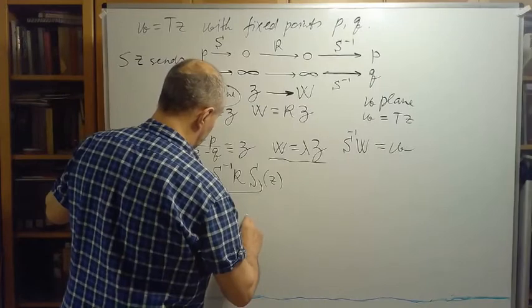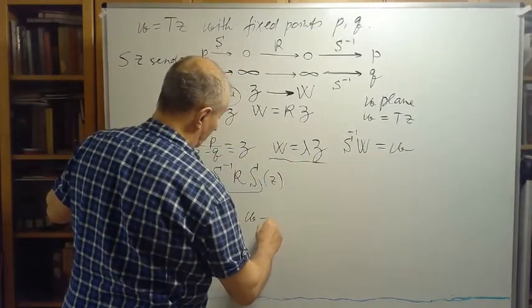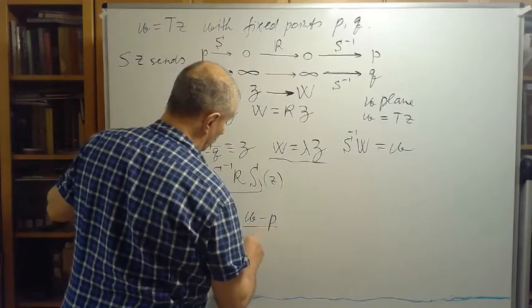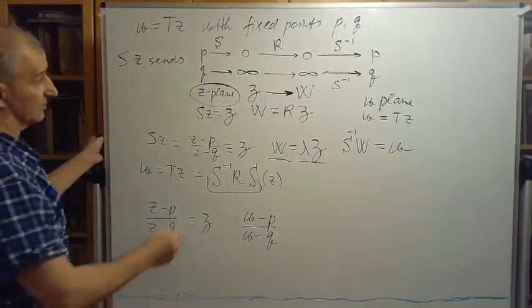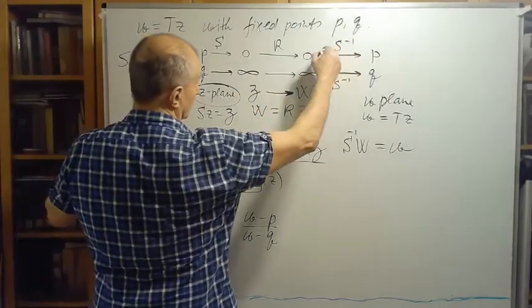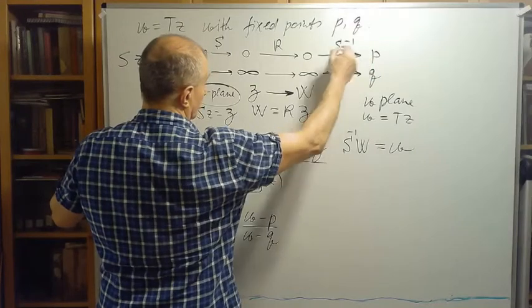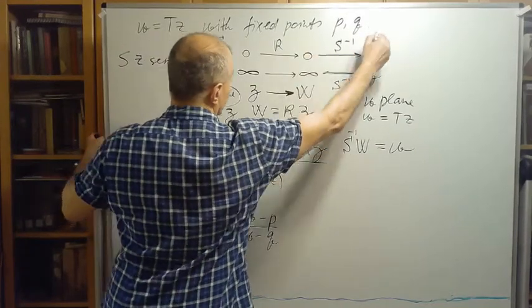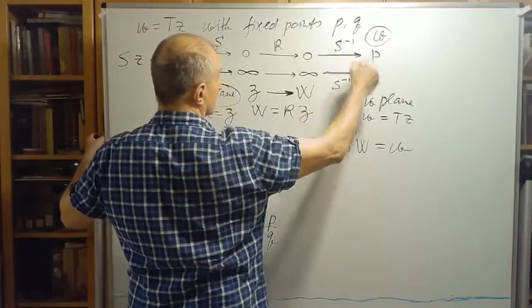That's how we do it. So I will write it this way. W, this is our W, yes? W minus P over W minus Q. This is transformation S minus 1. This is transformation S that takes P to 0 from the W plane, right? We take P to 0, Q to infinity.